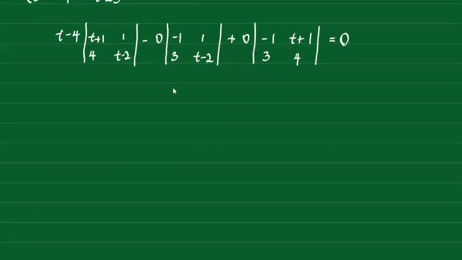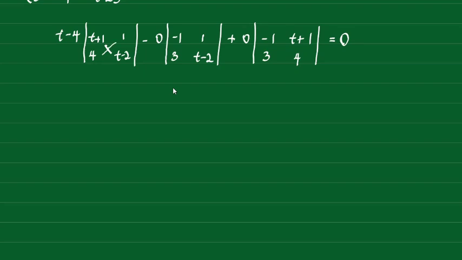Now we'll proceed further, and from our first expression here, where we have t plus 1, 1, 4, and t minus 2, we cross multiply.